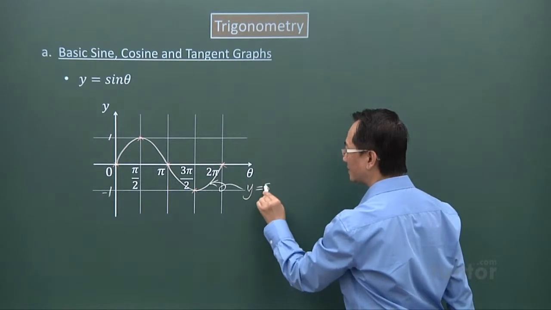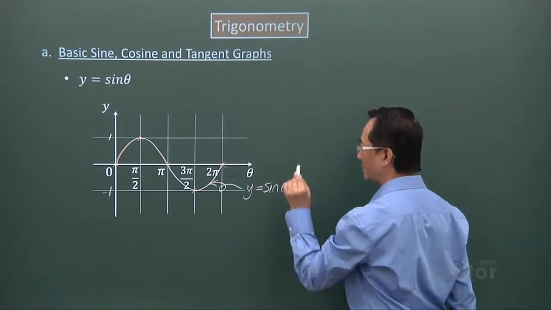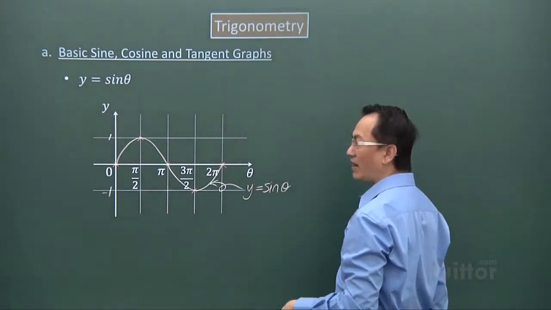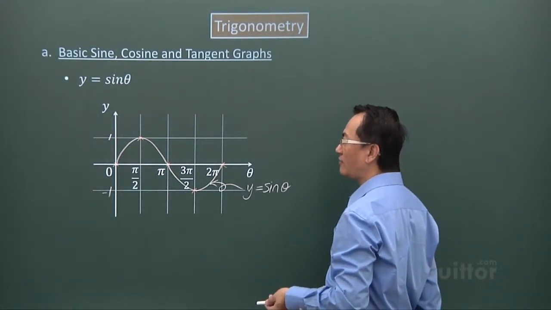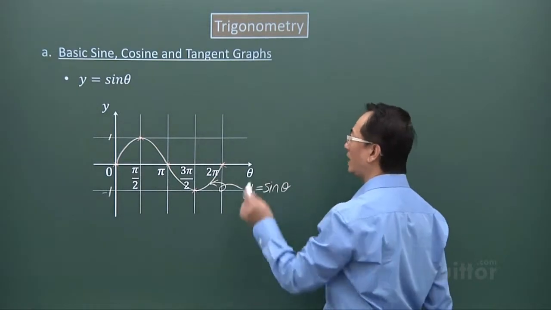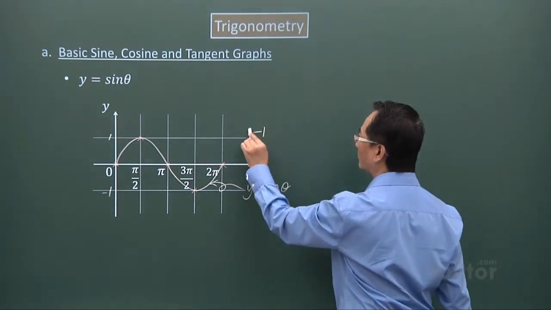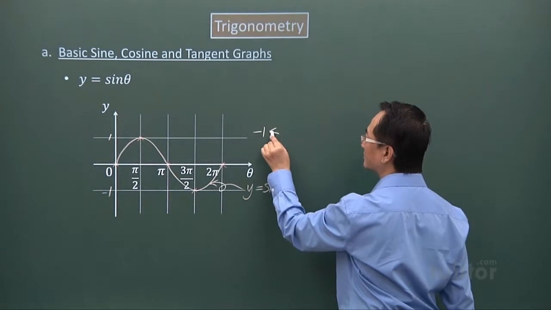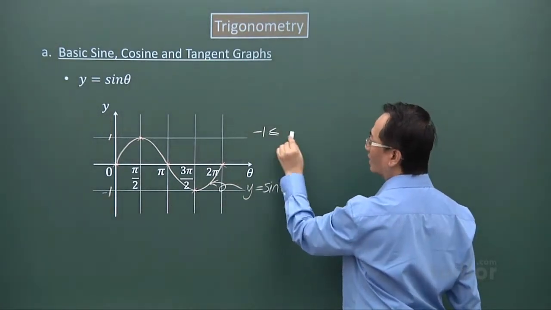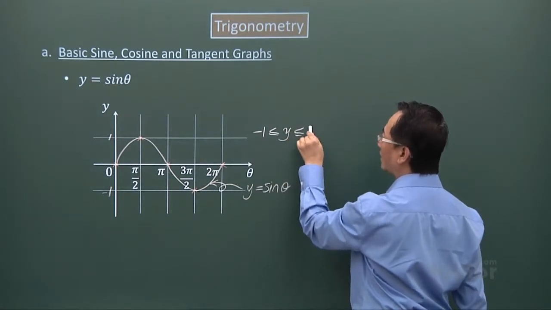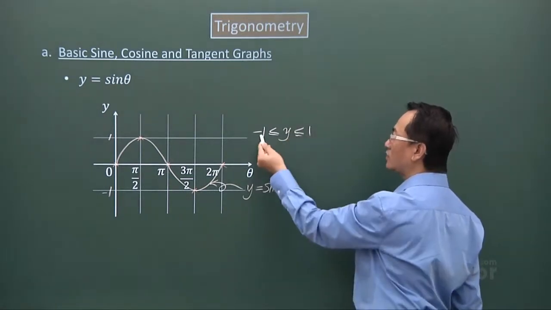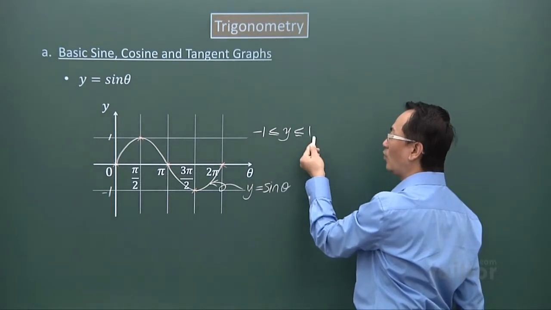y equals sine theta. If I ask you for the range of the graph, then it will be between negative 1 and 1, inclusive of the negative 1 and 1.